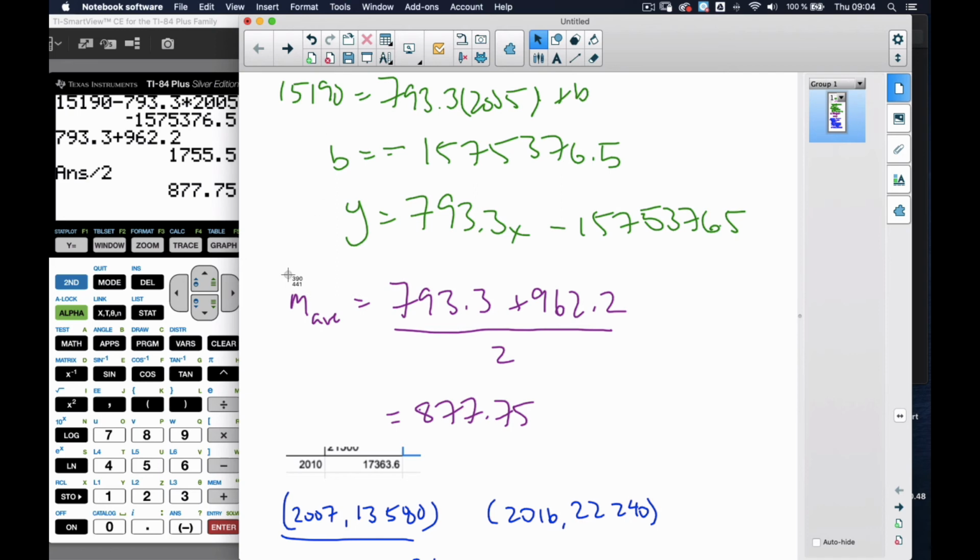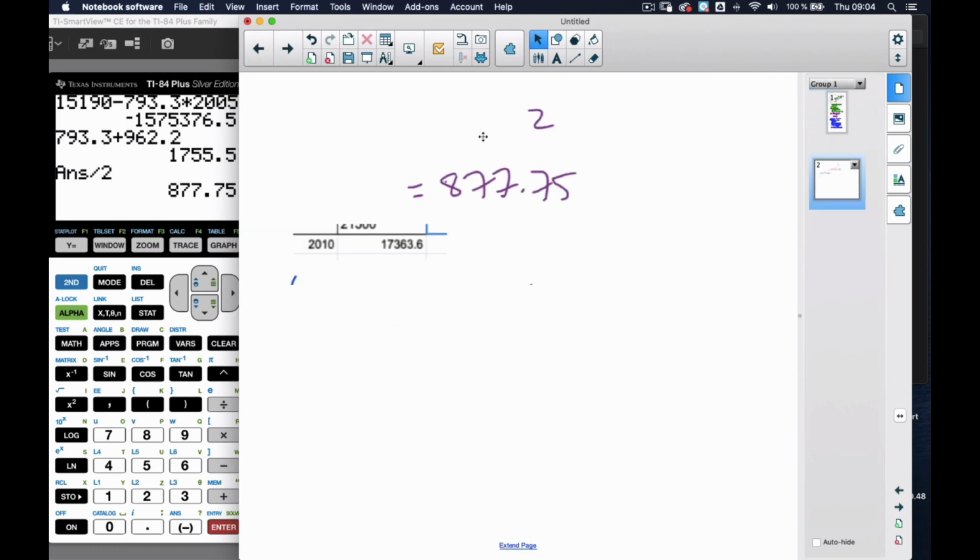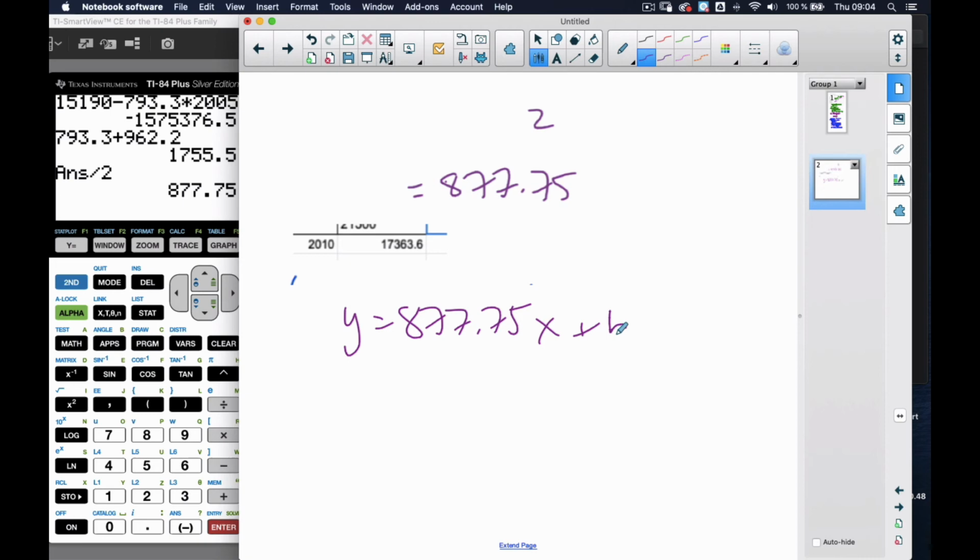And so I take these values here, and I'm going to use them to find, I know my slope is equal to 877.75 x plus b, and I use the average point to find the equation of the line.